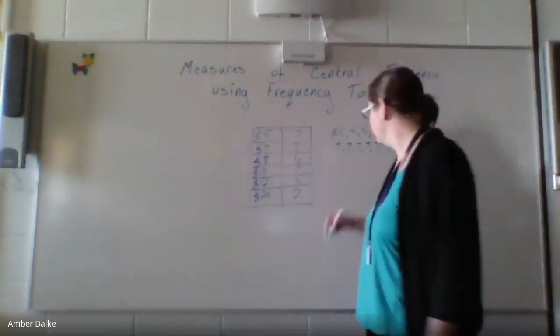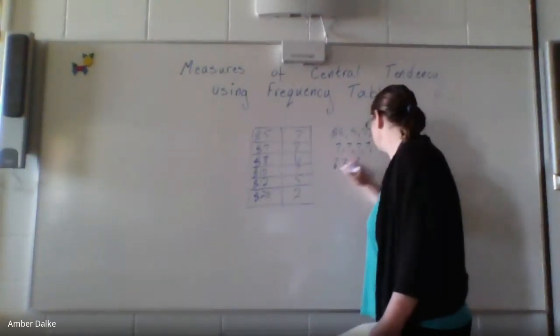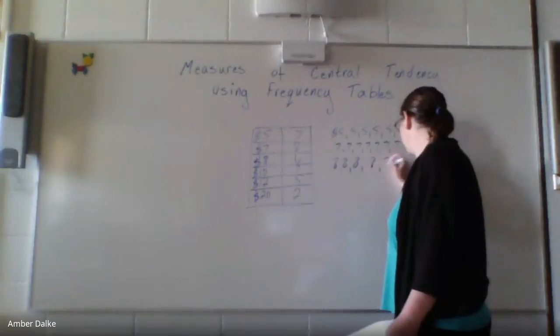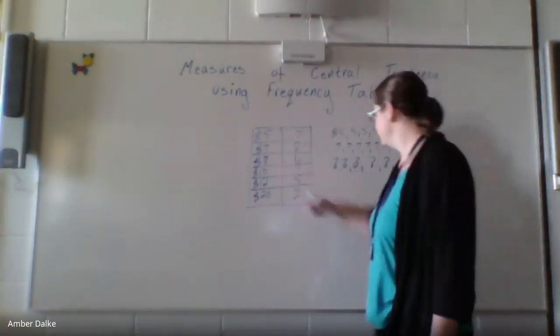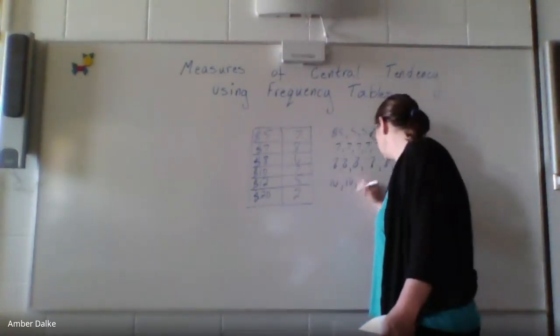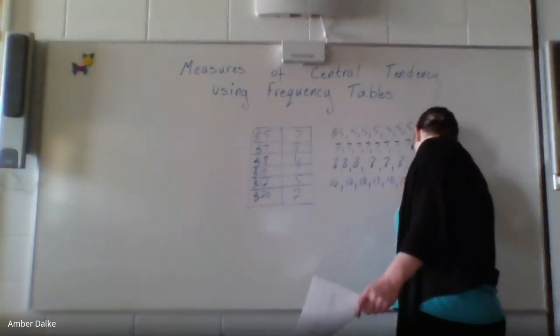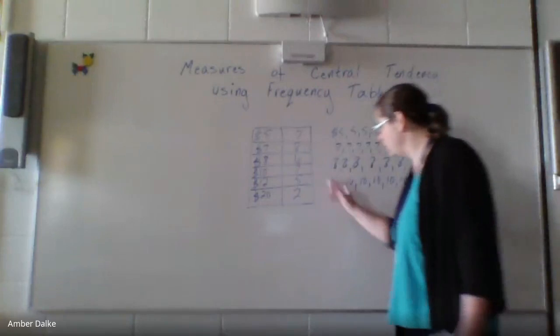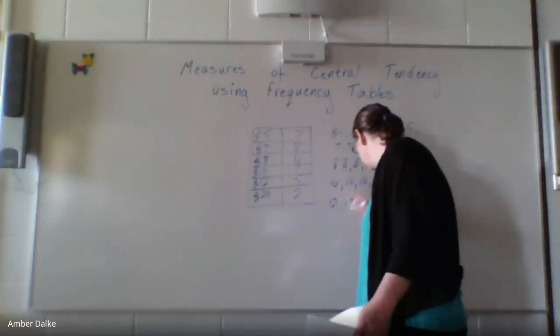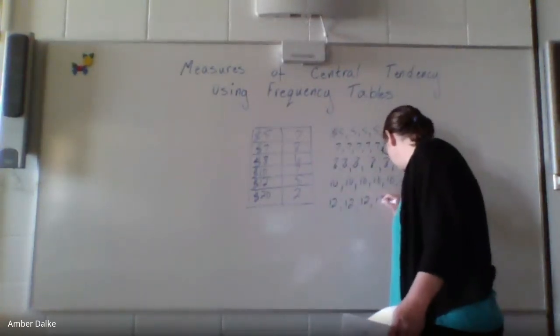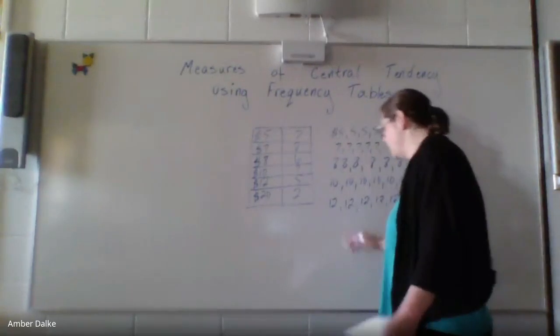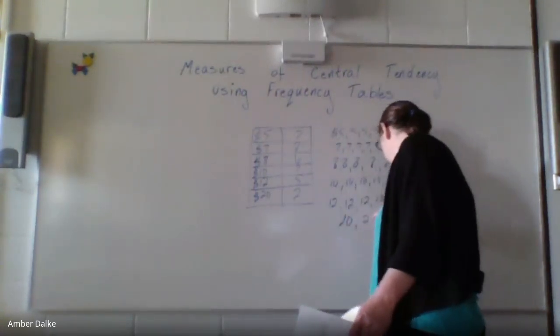We have 6 $8 pairs of shoes. 1, 2, 3, 4, 5, 6. 7 $10 pairs of shoes. 1, 2, 3, 4, 5, 6, 7. 5 $12. 1, 2, 3, 4, 5. And 2 of the $20 pairs. Okay.